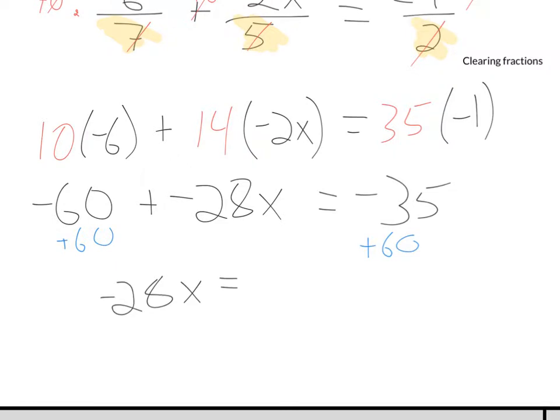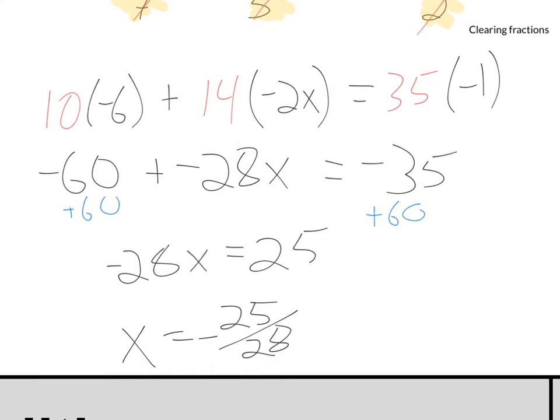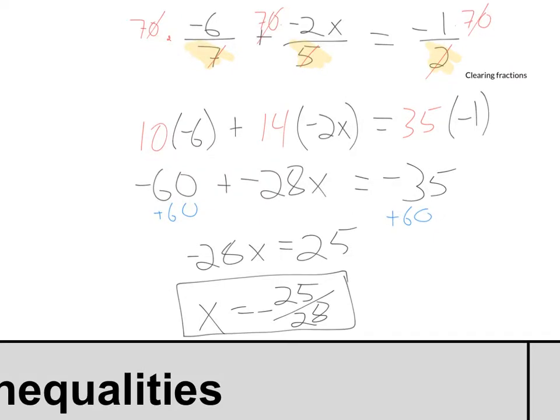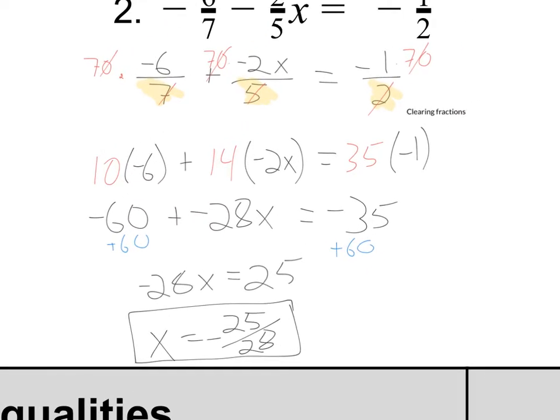That's the same as 60 minus 35, so that'd be 25. Then x equals 25 divided by 28, but the 28 was negative, so I'll throw the negative out front. So we get a fraction as an answer. Now, if we did it the original way, we'd still get the same answer, but you might have to deal with gross fractions along the way.